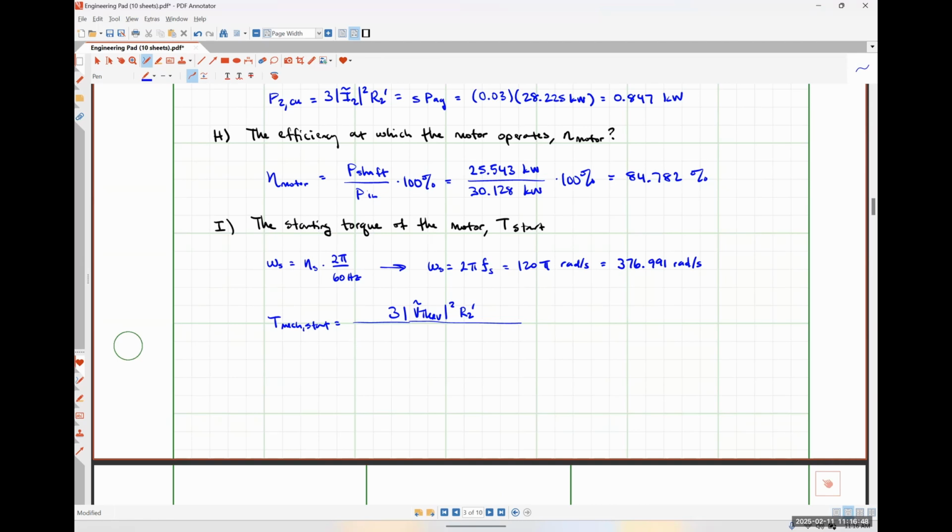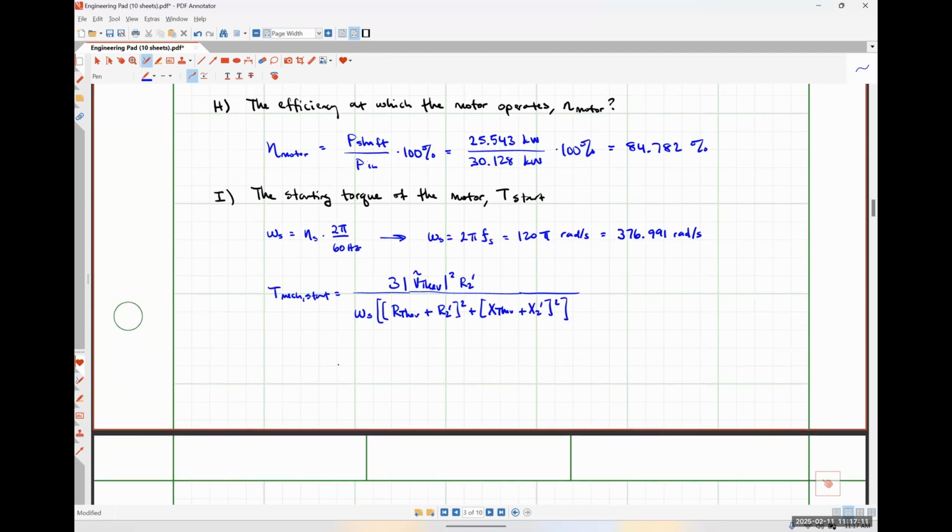Then we would have our omega S term, and then R Thev plus R2 prime, all of that squared, plus X Thev plus X2 prime, all of that squared. Close my square brackets.